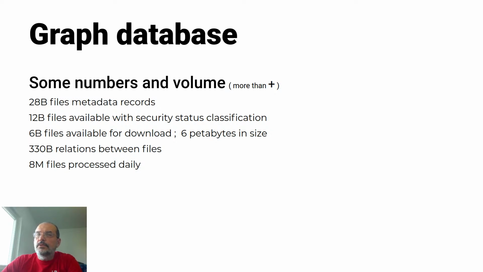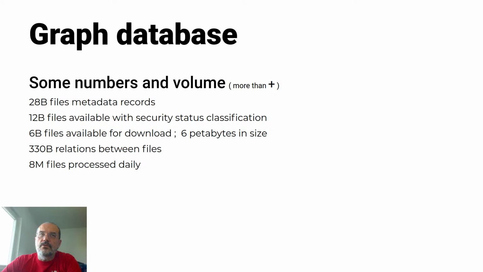Some numbers and volume we are dealing with. We have around 28 billion metadata records about files. Around 10 billion files are available with a security status classification. About 6 billion of those files are available for download from our storage systems. It is around 6 petabytes in size, and it forms about 330 billion relations between files.